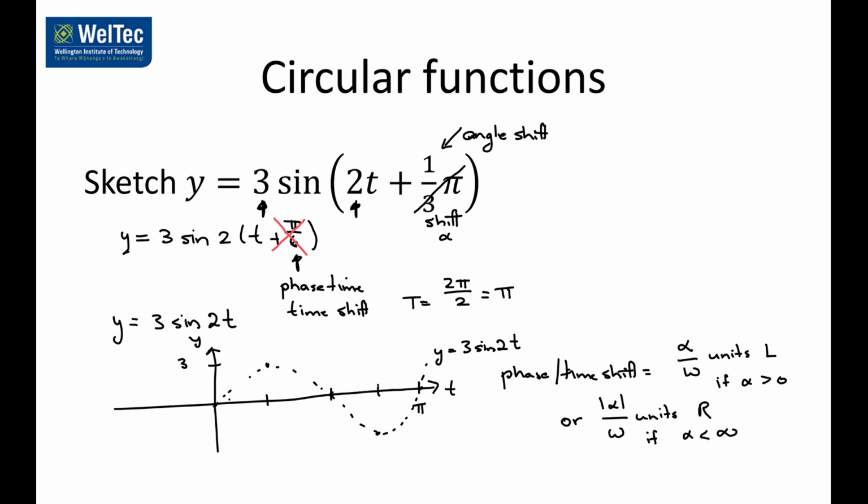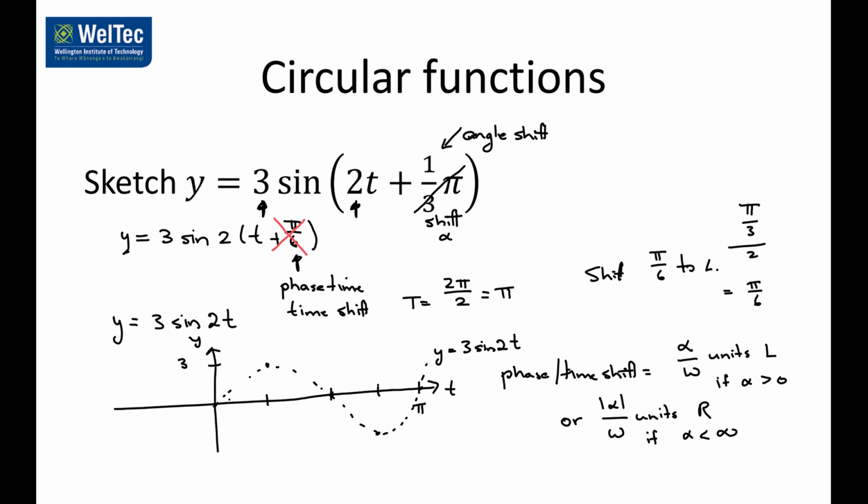In this case, alpha is positive, pi over 3, so we're going to use a left shift. Every little bit is going to move over pi by 6. So the whole curve, the one that I've dotted, is going to shift pi by 6 to the left. We had pi by 3 divided by 2 equals pi by 6.